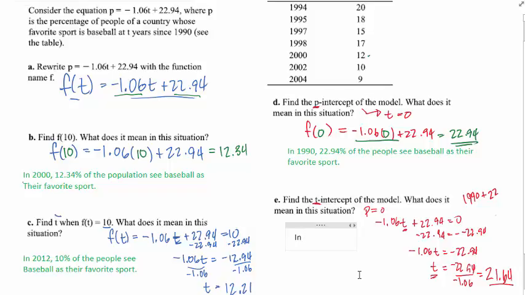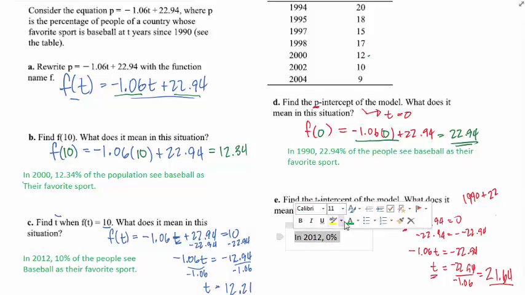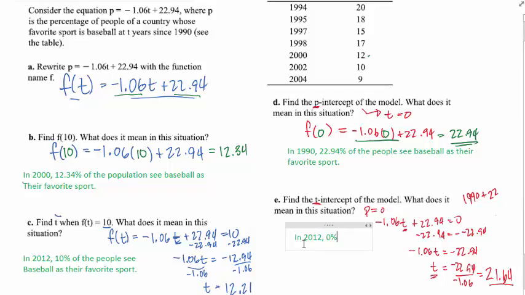What we can say is that in 2012, if we're just following our pattern here, where we look at p as a percentage, so we can just write 0% of the people see baseball as their favorite sport.